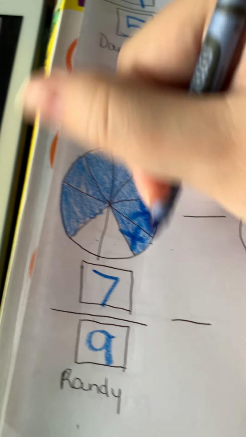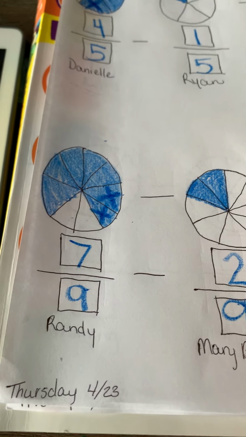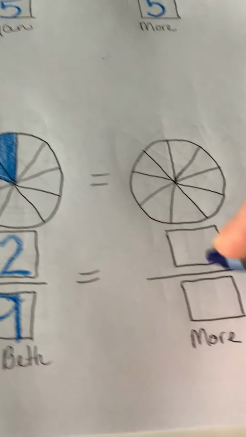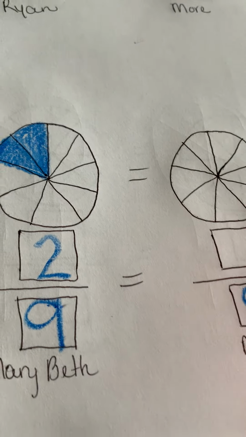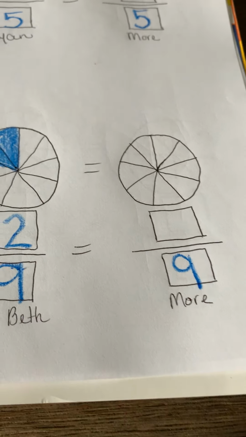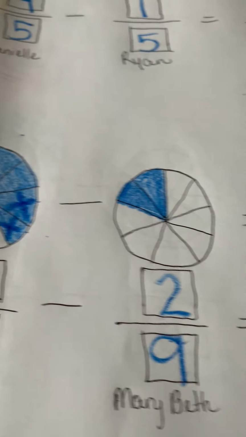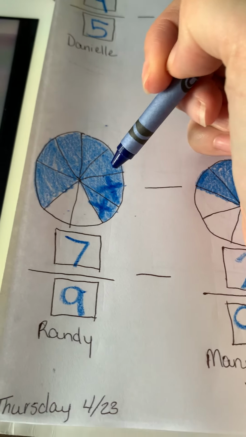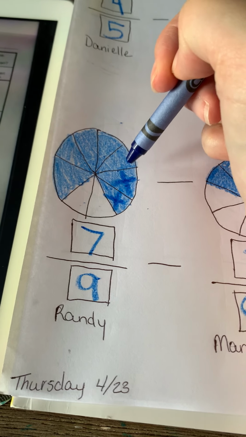Okay, so we know that we don't count those 2. All right, so now let's go over here and bring our 9, because we all know that that's how many pie slices we have in total. And let's go back over to Randy and count the ones that do not have the X's on them.